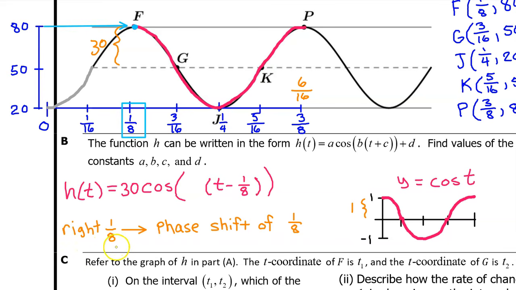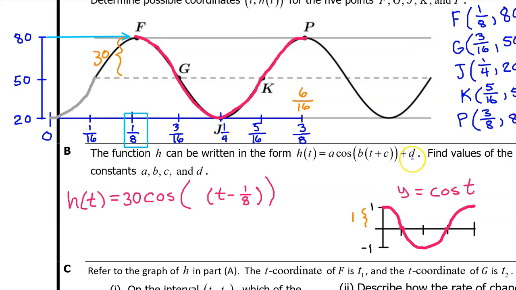By the way, in the context of periodic functions, a horizontal translation is called a phase shift. So instead of saying that the graph was horizontally translated by 1/8, we say that the graph has a phase shift of 1/8. The d value indicates a vertical translation. So notice that the midline of the parent function is 0.